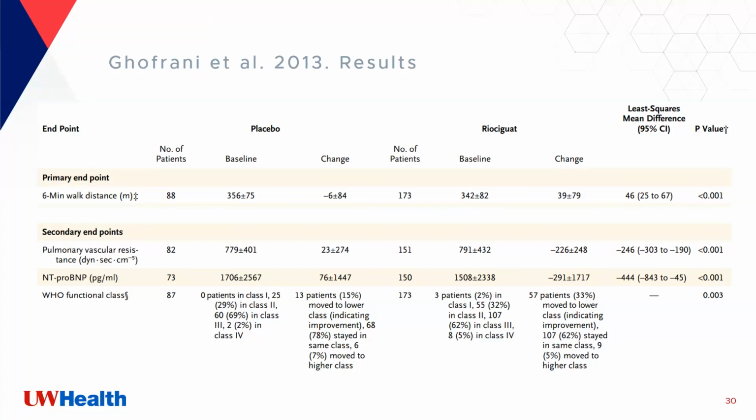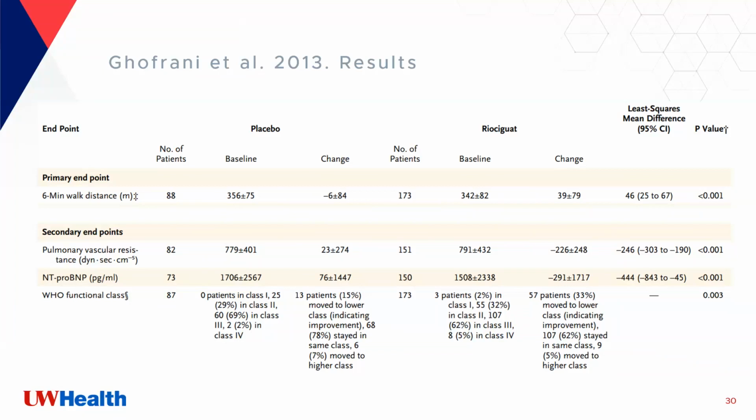Also, proBNP values improved in the riociguat group compared to placebo. When looking at functional class, for patients on placebo, 13 patients moved to a lower class, meaning lower functional class, so they had symptom improvement, compared to 57 patients or 33% who moved to a lower class in the riociguat group.